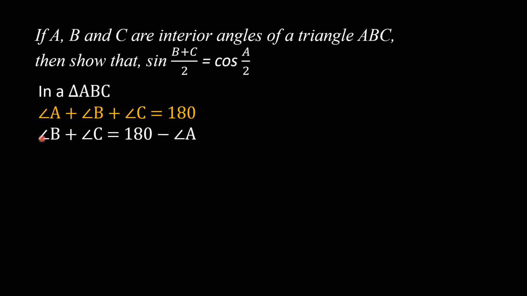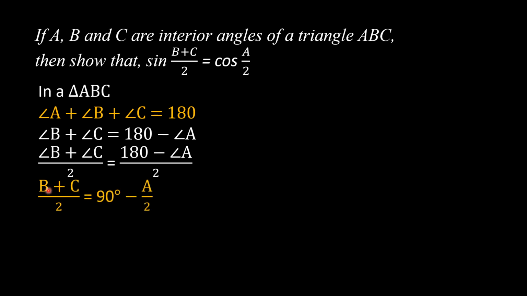So we divide this expression by 2 and write (B plus C) divided by 2 equals (180 minus A) divided by 2. Now this becomes (B plus C) divided by 2 equals 180 divided by 2 is 90 degrees minus A divided by 2.